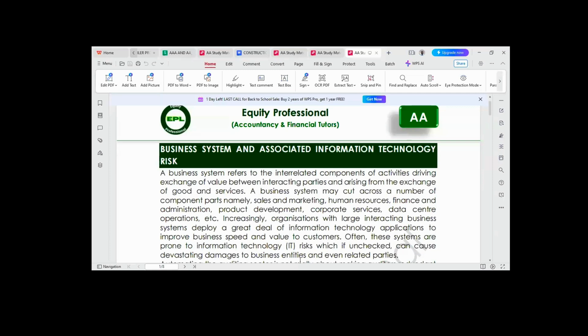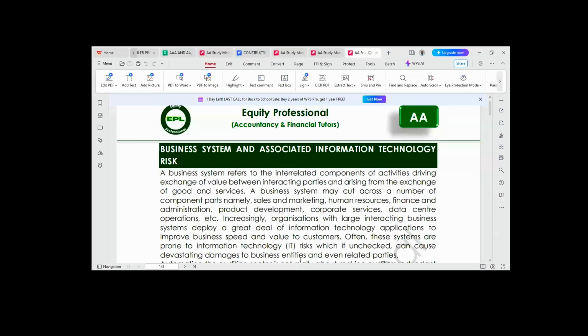But if you are not comprehending this chapter, and you see a question that talks about IT, you just run away. You say, let me go and do the ones that I know. But I'm encouraging us, because this is an area where you can easily get some marks, if not all the marks.